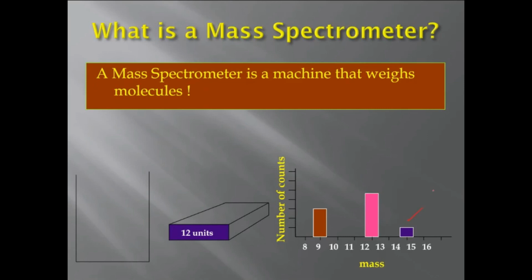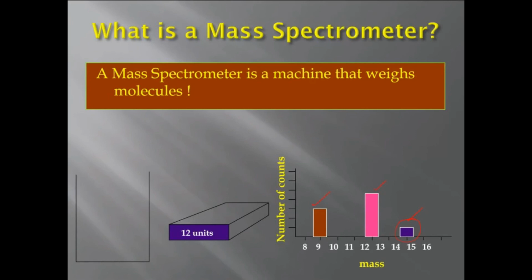The most heavy peak will be the molecular ion peak, which will give you the molecular weight. And if you break the molecule further, what you get is known as a fragment ion peak. The peak on the right hand side of the spectrum is the peak with the highest mass.